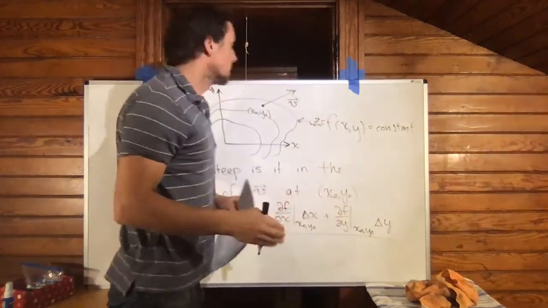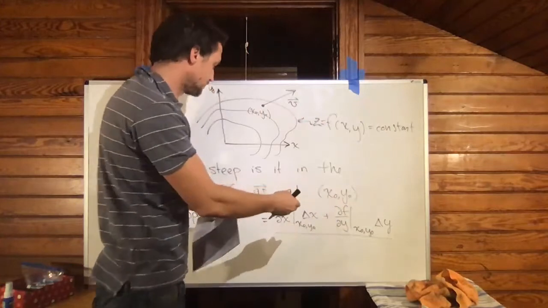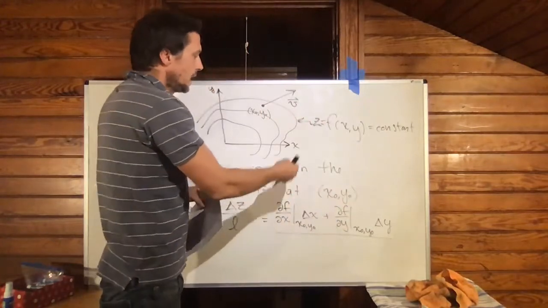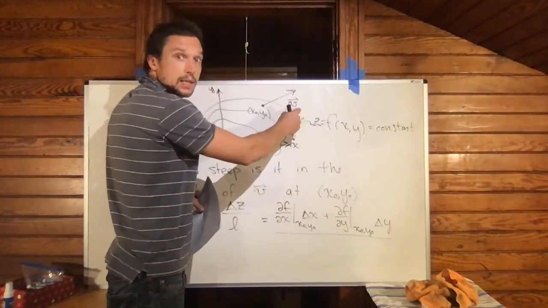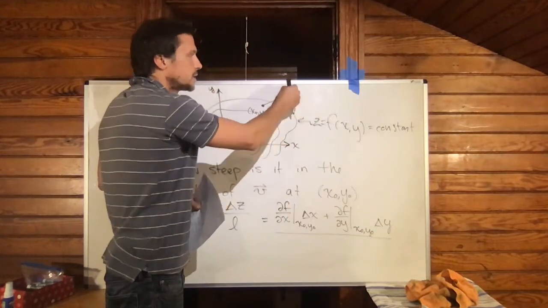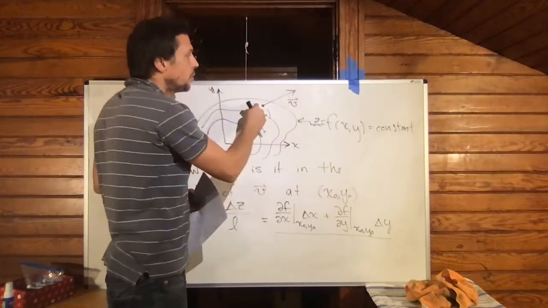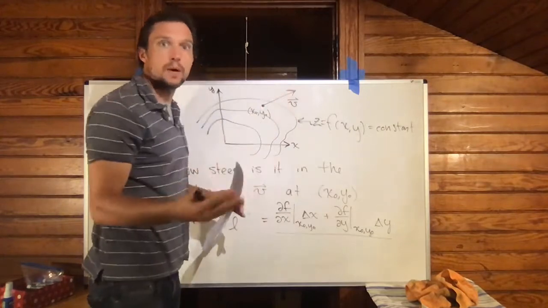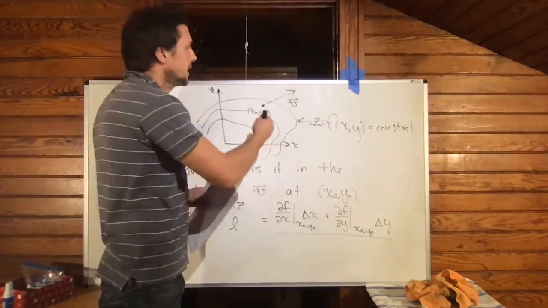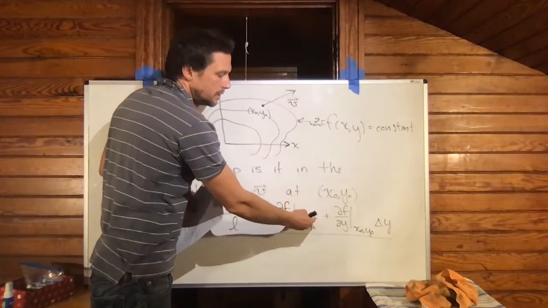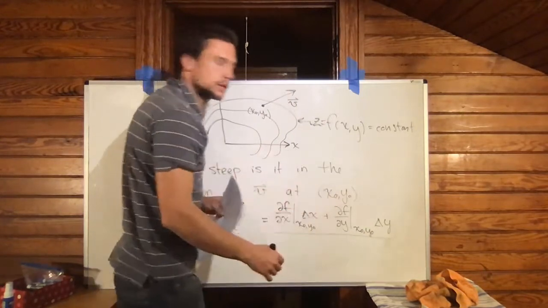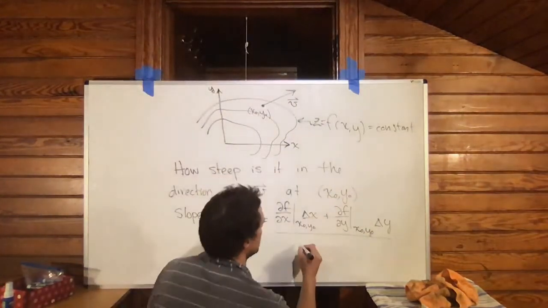And then if we take a step of length delta x in the x direction and delta y in the y direction, then the overall length of our step is given by the Pythagorean theorem. It's the square root of delta x squared plus delta y squared. That's what that is.